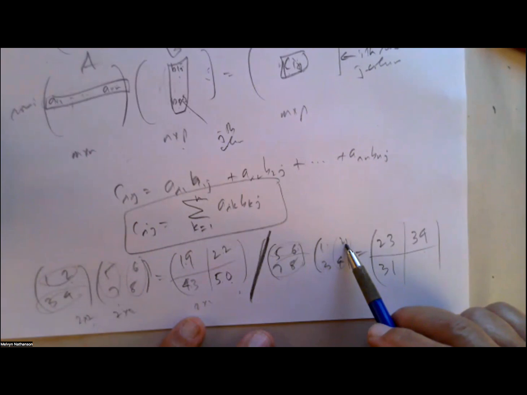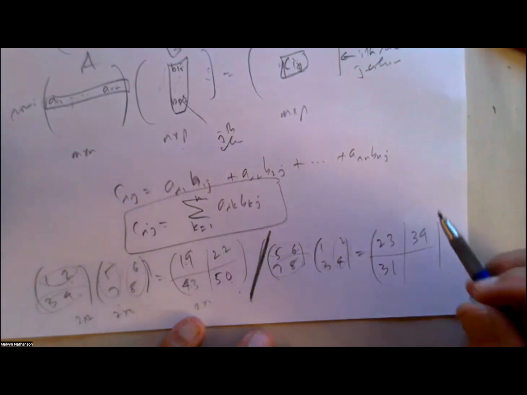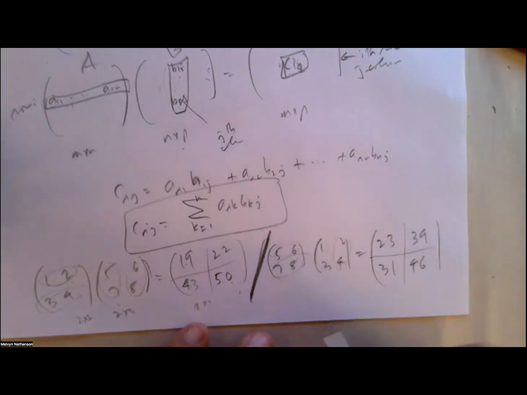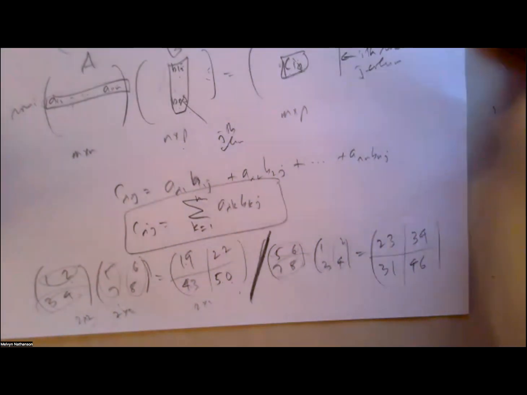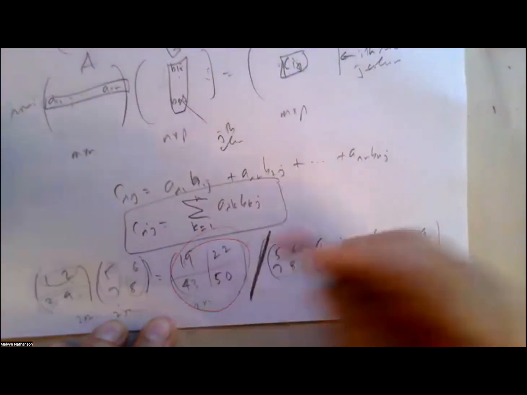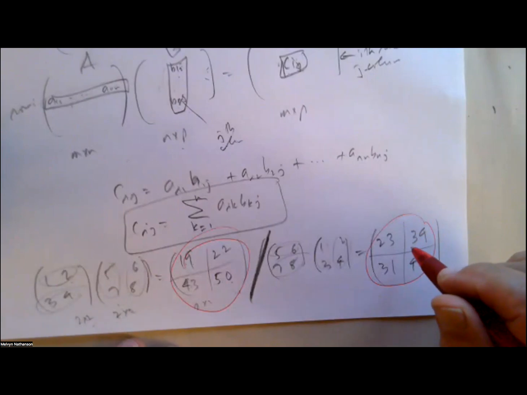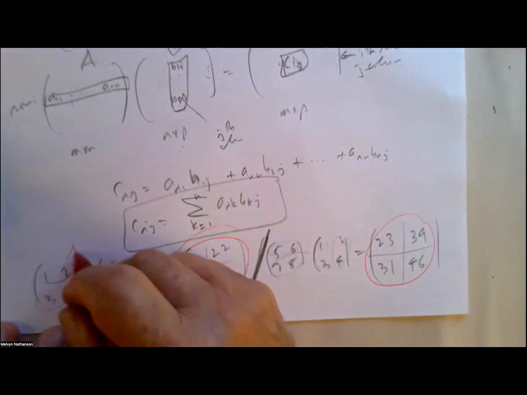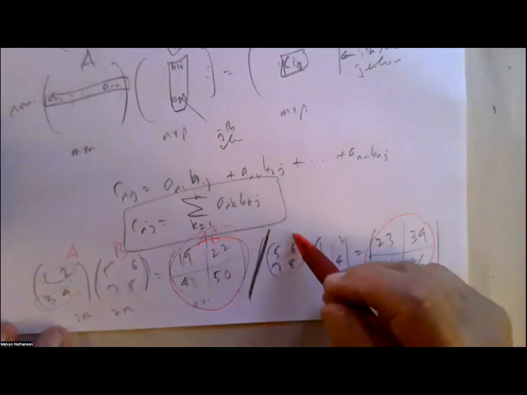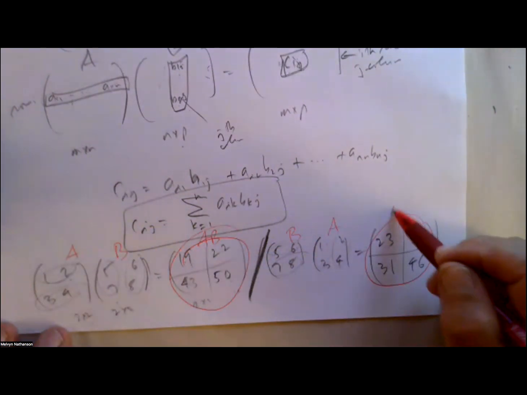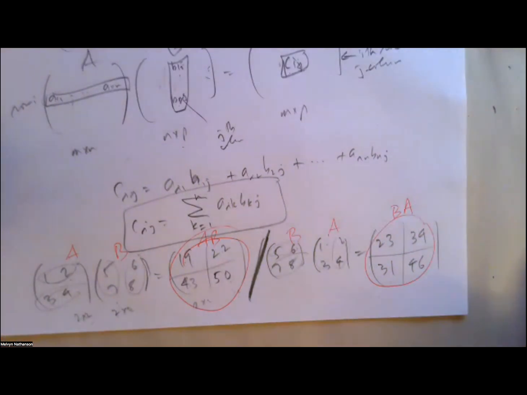Second row times second column, 14 plus 32 is 46. So I get these two matrices. And if you look, you see this matrix and this matrix are completely different. If this were A and this were B, this is the matrix AB. This is B, this is A, this is the matrix BA. They don't look anything alike.